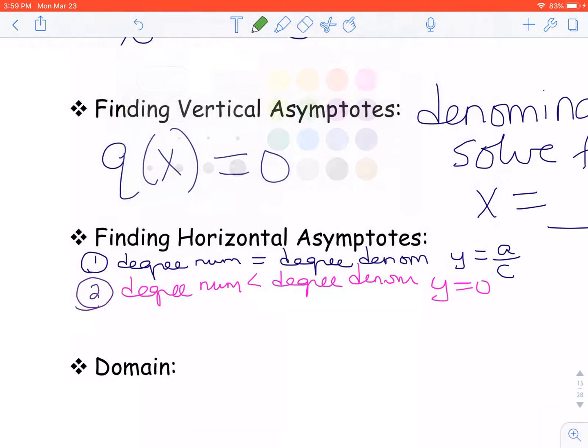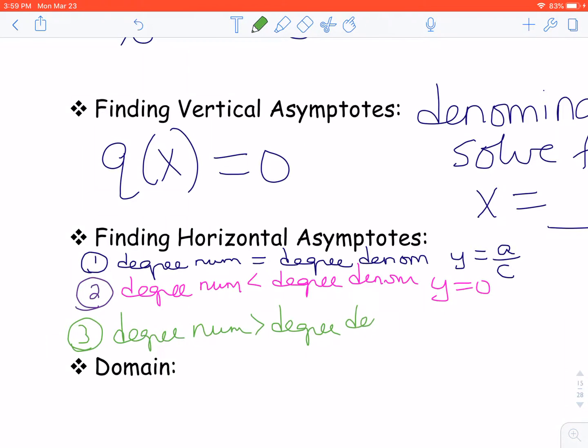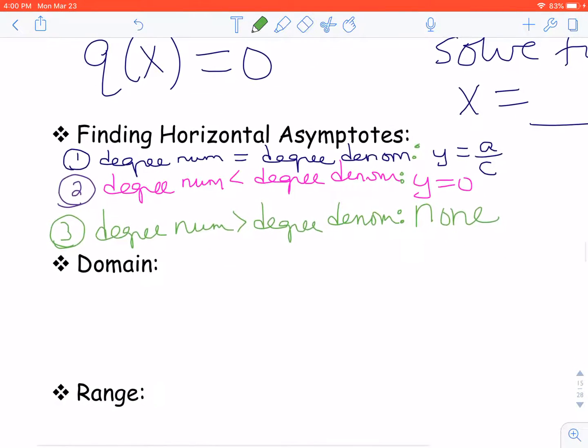Our third option, if the degree of the numerator is bigger than the degree of the denominator, then you have no horizontal asymptote. So those are the 3 different cases for asymptotes, and it's one of those 3, depending upon what's going on with your powers on the top and the bottom.